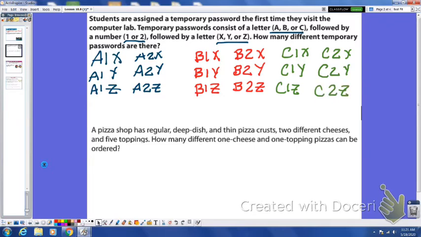Now that wasn't too bad, but you can see how if we weren't organized and we're just kind of willy-nilly picking our letters, numbers, and then the X, Y, or Z, we could have very easily missed something. But since we kept it organized, kept a pattern going, we can quickly see here there's 3 in each column, there's 6 columns, so that leaves us with 18 possible passwords.